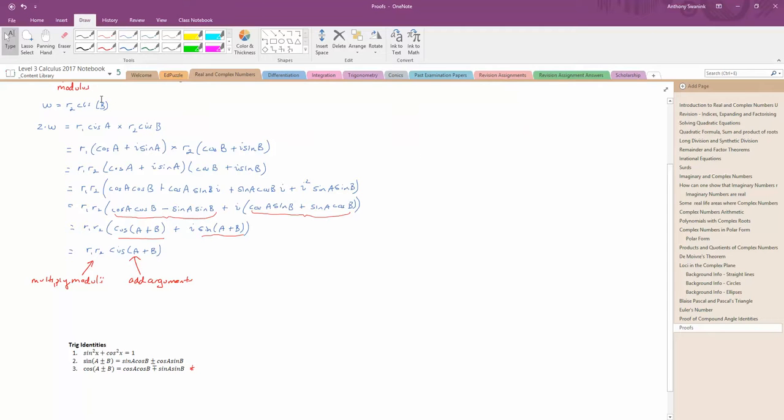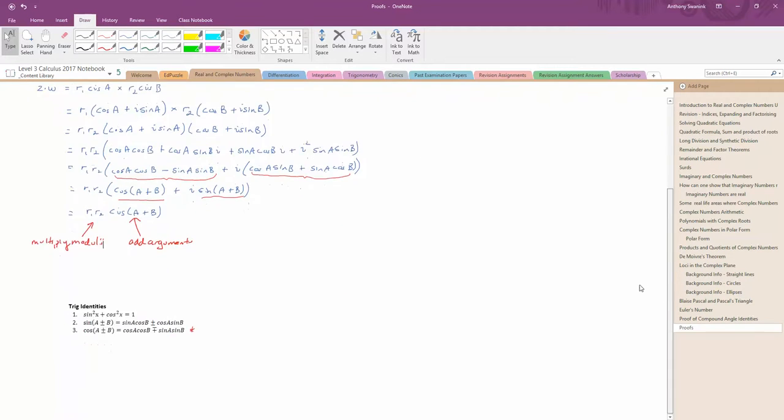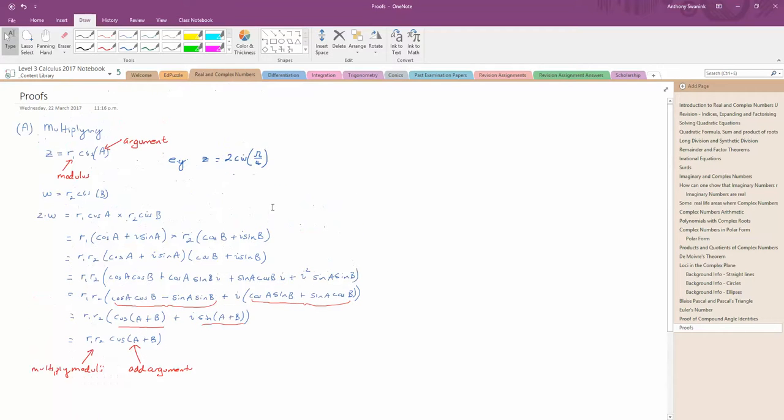So let's have a quick look at a single example of that. I think I will do that over here on the right hand side. So let's take a look at an example. Oops, getting a bit too messy.